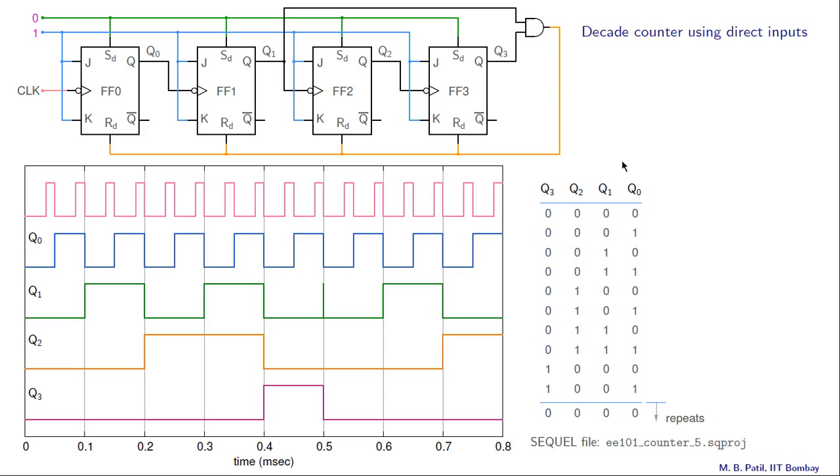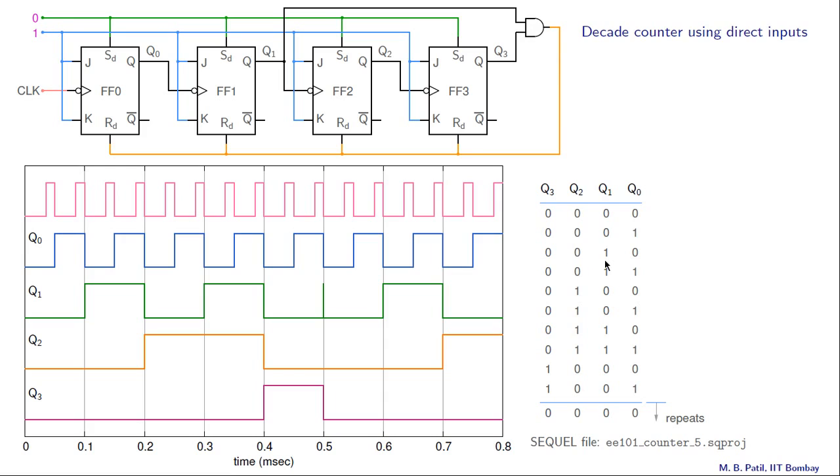Alright, now consider the first state 0, 0, 0, 0, Q3 is 0, Q1 is 0, so therefore this output is 0. So we have SD equal to 0, RD equal to 0 for each flip-flop. The counter will function normally and goes to the next state. Once again we have Q3, Q1 equal to 0 and the counter goes to the next state.